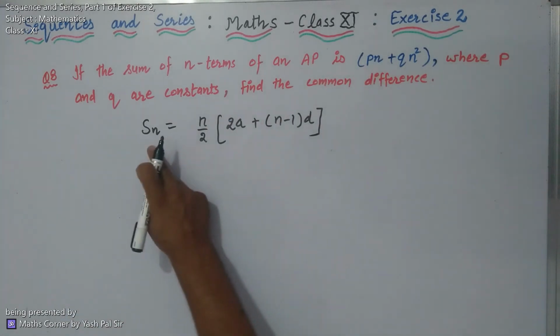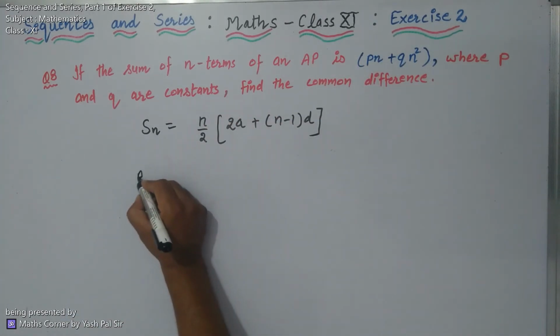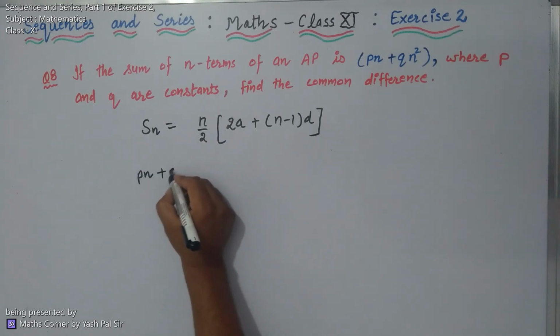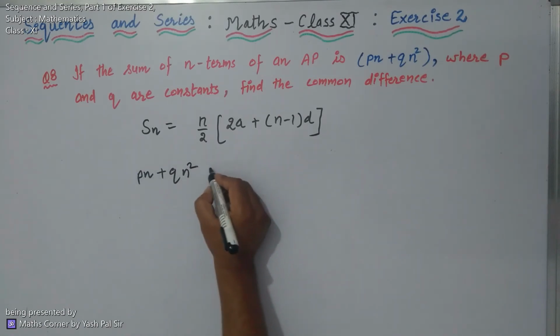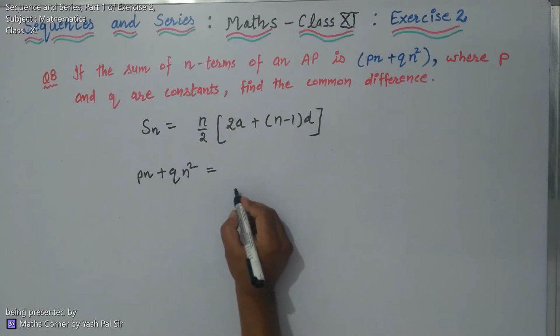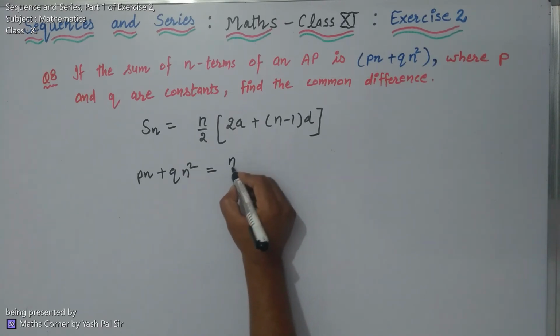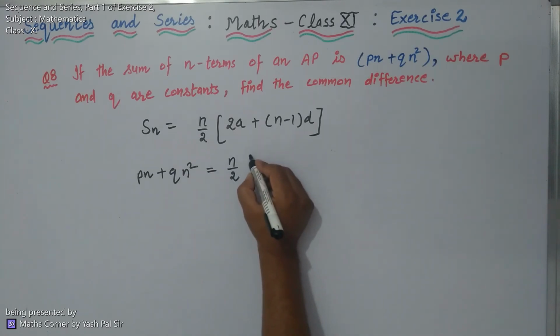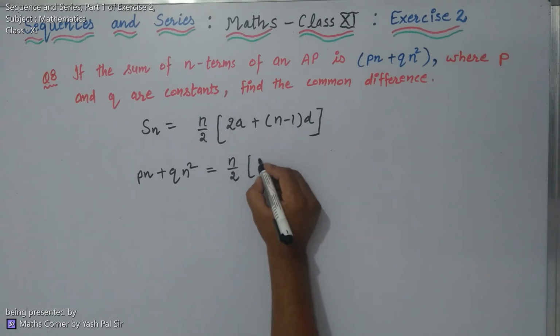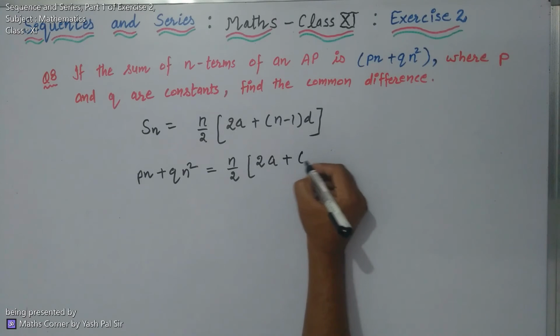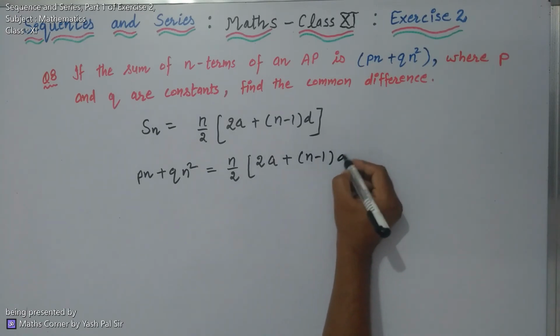So what is Sn? This is given, Pn plus Qn square is equal to n by 2 into 2a plus n minus 1 into d.